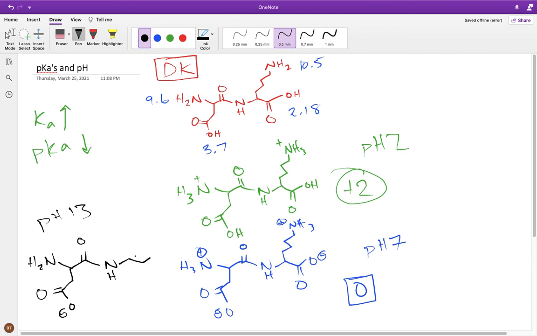And so, like the N-terminus, this one will be neutral. It will lose its proton because the conditions are more basic than the pKa itself. And then lastly, this guy is deprotonated. So now what do we have? We only have 2 negative charges, so our overall charge of the molecule is -2.